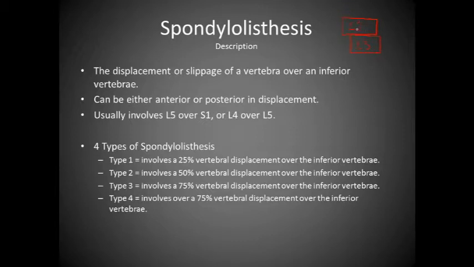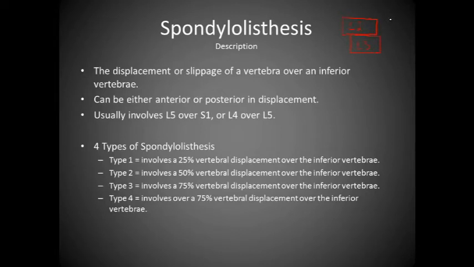You could say that maybe L2 is normal and L3 has slipped backwards. And either way, what happens to the spinal cord in this instance when you have, let me erase this.